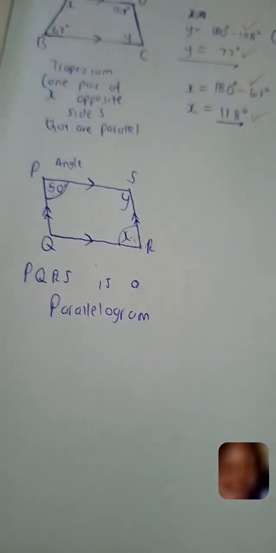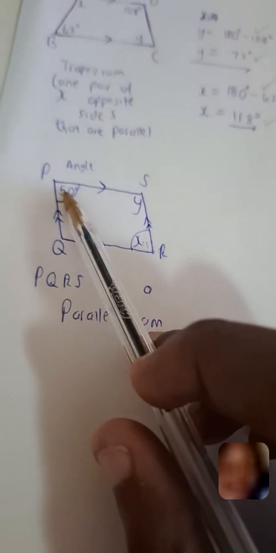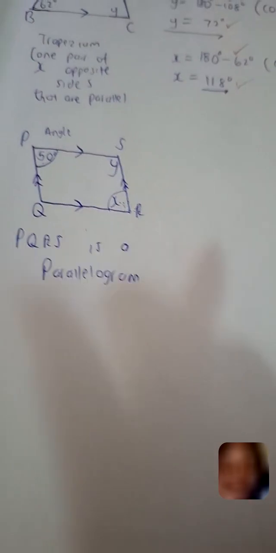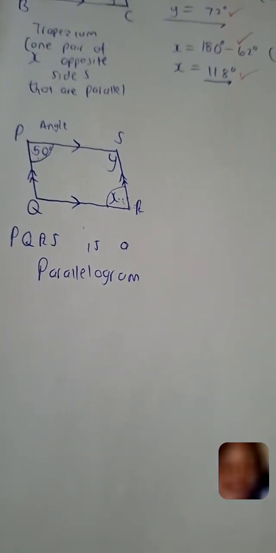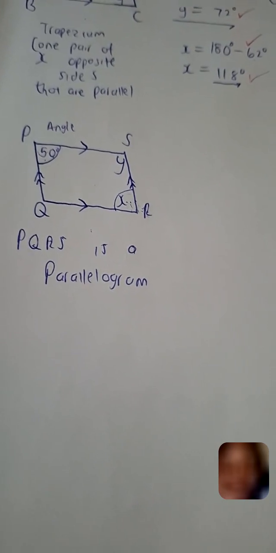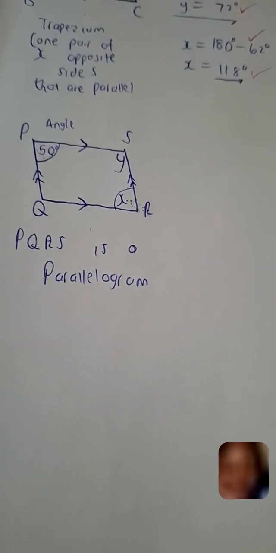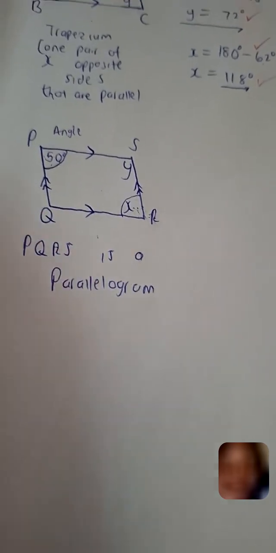What is the relationship between this angle of P, which is 50 degrees, and this angle x, which is R? If you go back to your properties, these angles P and R, we refer to them as opposite angles. So what do we know about the opposite angles of a parallelogram? We said both pairs of opposite sides are equal.